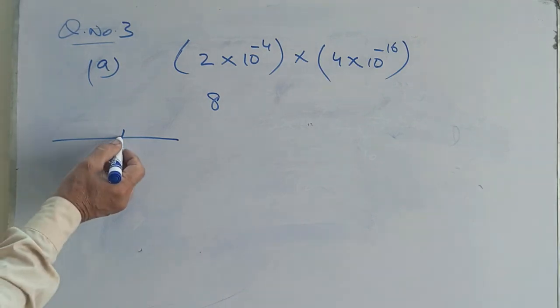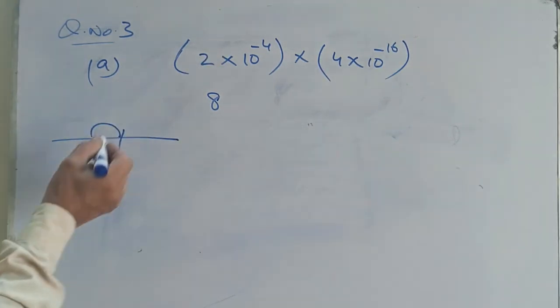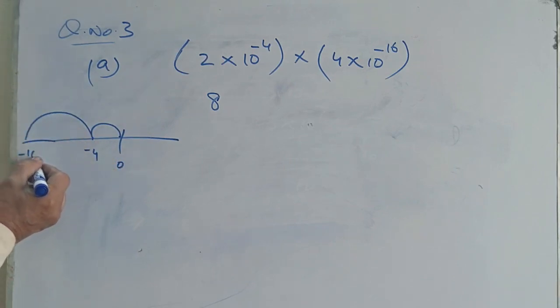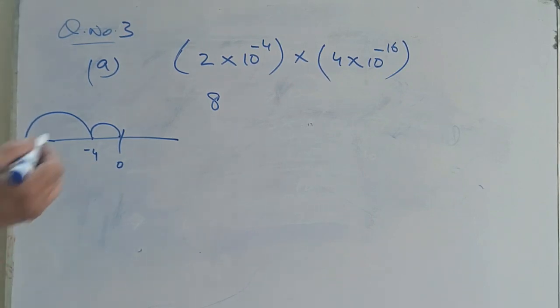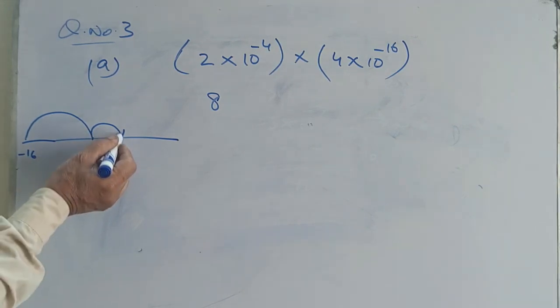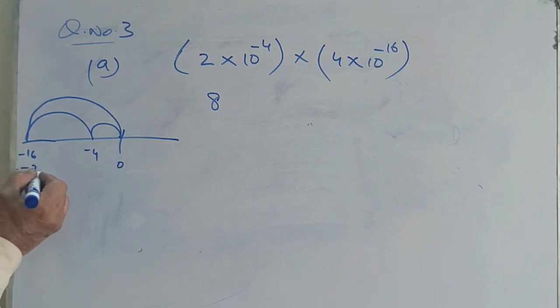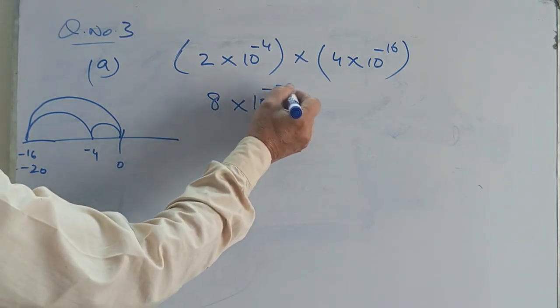It is minus 4 and minus 16, so the result over here is minus 20. So it is 10 raised to power minus 20.